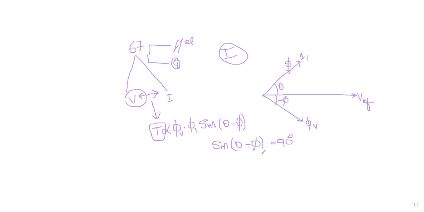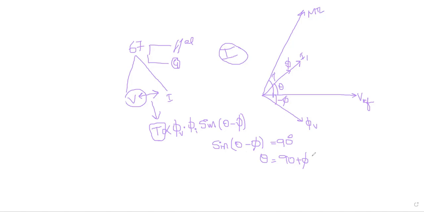Then the angle theta is equal to 90 plus phi. So now I am taking a maximum torque angle, which is the maximum torque line, at an angle of some tau from this V reference, where I can see 90.